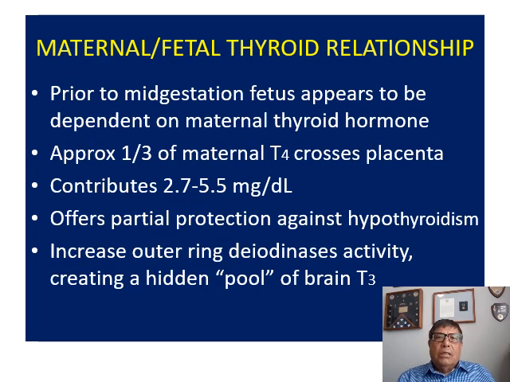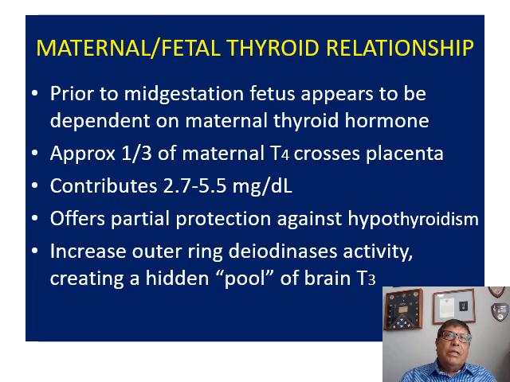So it is also important to understand the maternal and fetal thyroid hormone relationship. By just recollecting the previous slide, you know that prior to mid gestation, the fetus appears to be dependent pretty much on maternal thyroid hormone.